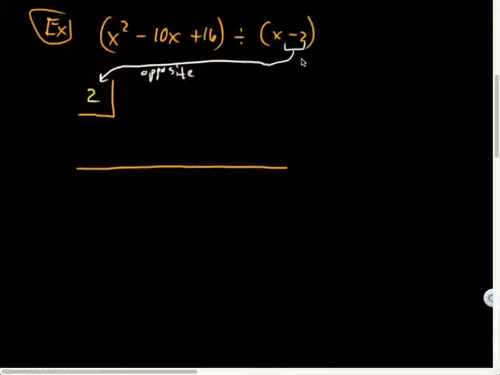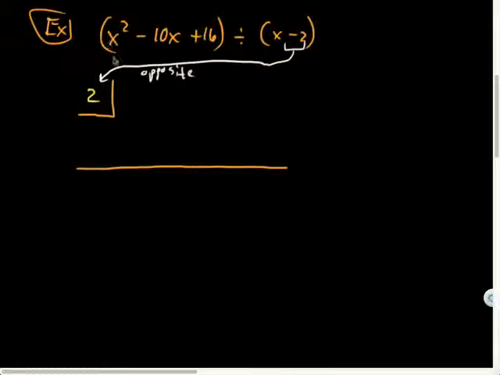It's always a constant. Now, the numbers that go in this row here are going to be my coefficients of this guy. Okay? All right, so here we go, friends.